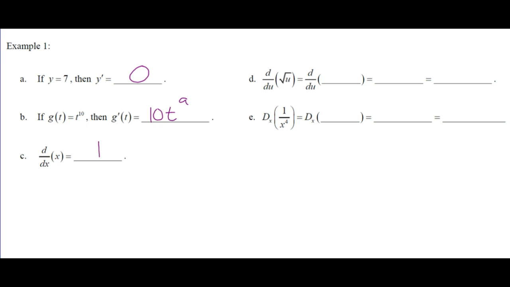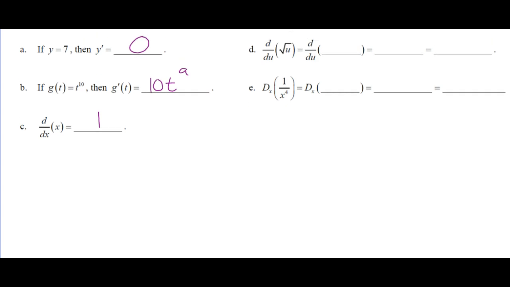D by du of root u. Let's go look at this one. I don't know if you have room to fill this in or not, and it's not important, but d by du of root u is equal to the limit.